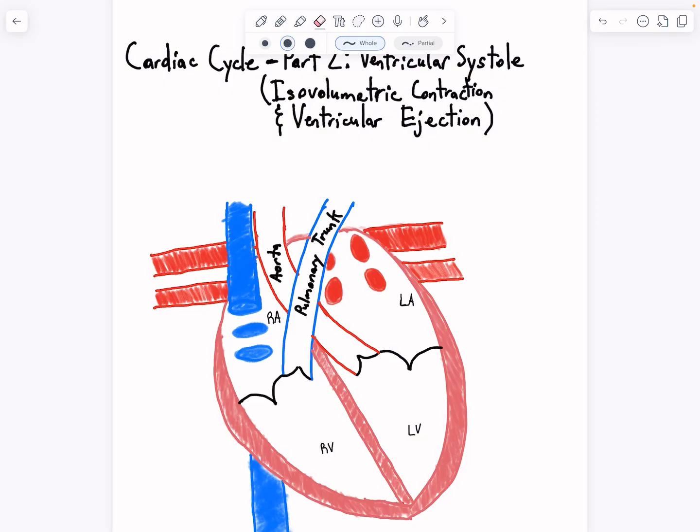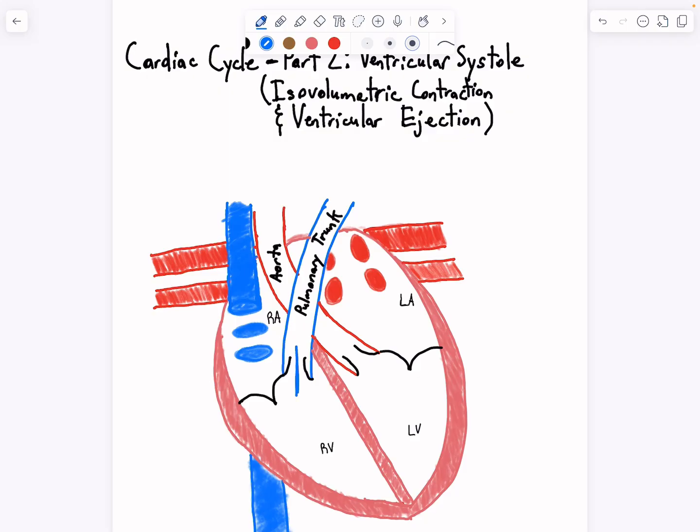So now, when ventricular pressure becomes higher than the pressure in the aorta and pulmonary artery, the semilunar valves open. Blood is then ejected forcefully. The right ventricle sends blood to the lungs.